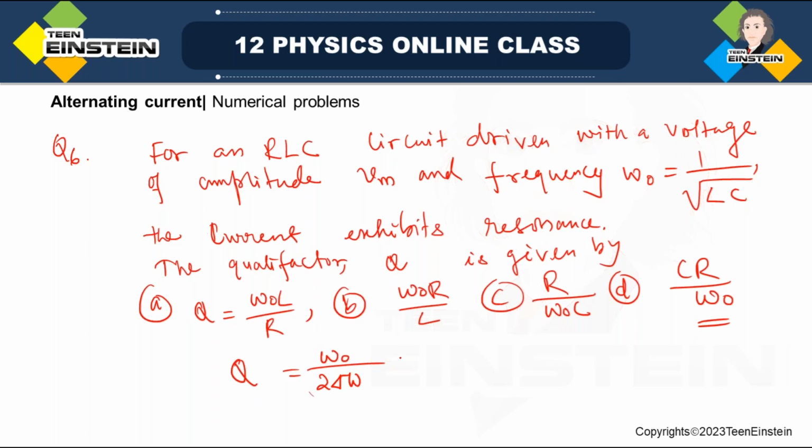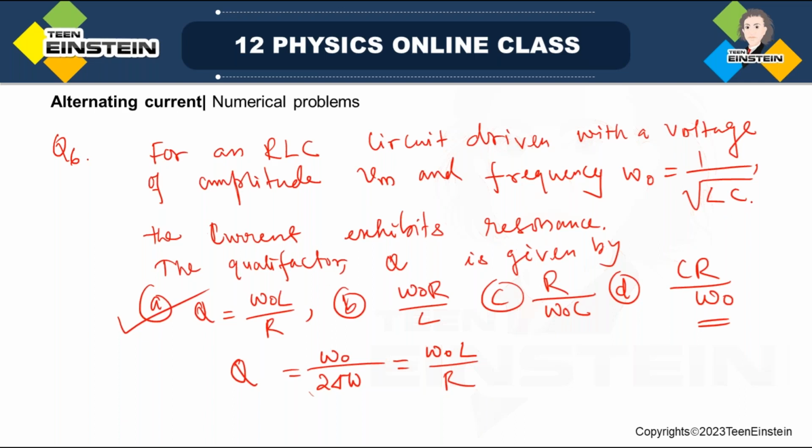And 2 delta omega we have seen is R by L. So Q is omega 0 L by R. This is the expression, given in the first option, so this is the answer.